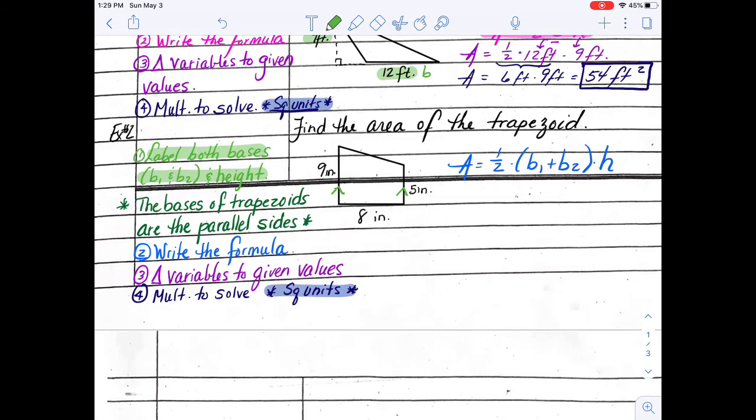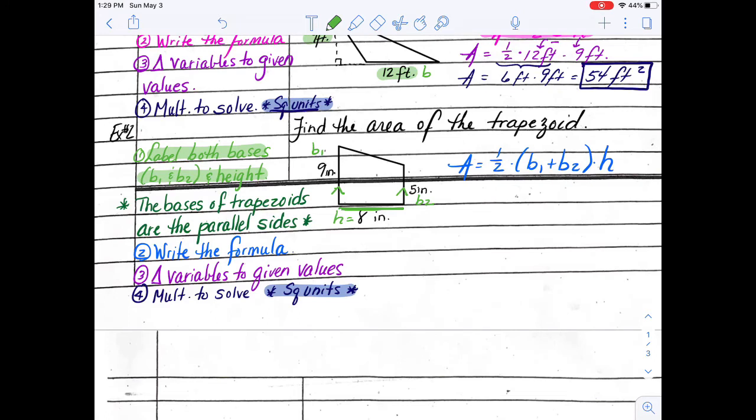Again, it doesn't matter which one's base 1 or base 2. I'm going to make this one base 1 and this one base 2, but it honestly doesn't matter which one you do. Now the height, again, has to be the distance between those two bases. So 8 is actually my height.